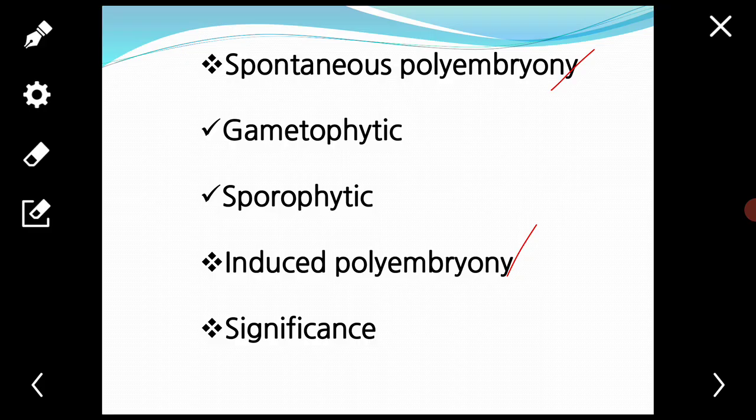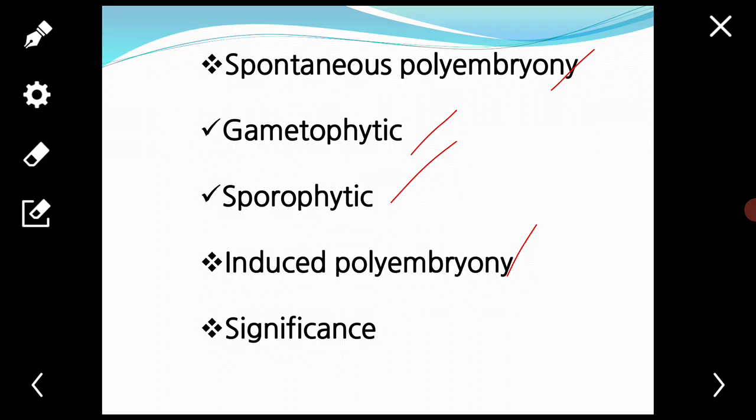The spontaneous polyembryony is of two types. First is the gametophytic, second is the sporophytic. In the gametophytic, the polyembryony arises from the gametic cell of the embryo sac. In the sporophytic, the additional embryos arise from the zygote, proembryo and initial sporophytic cells of the ovule, which includes nucellus and integuments.